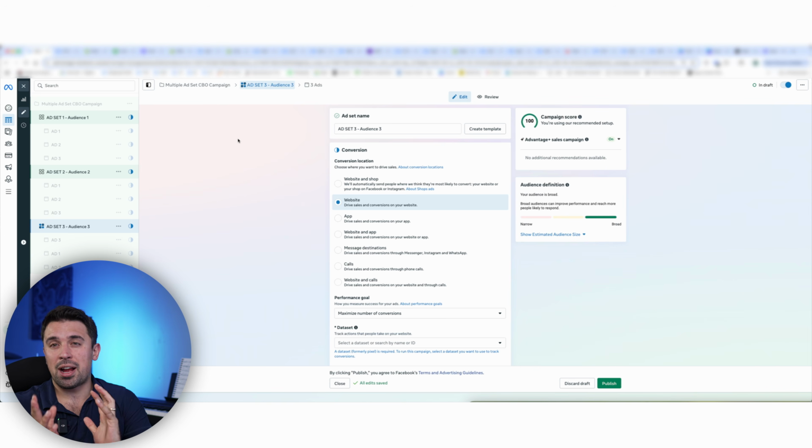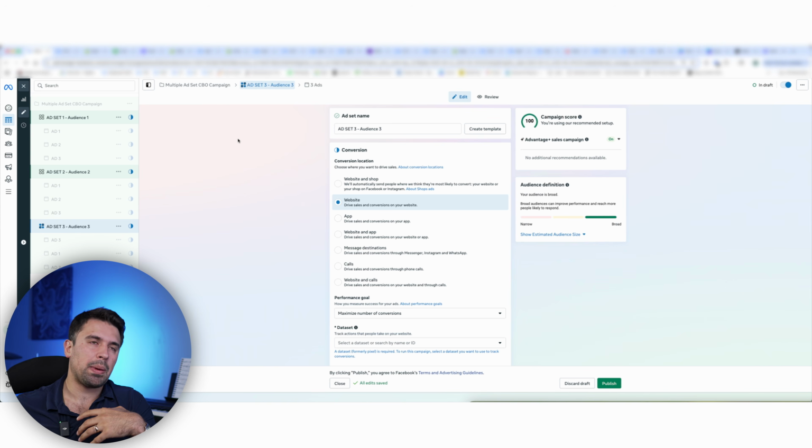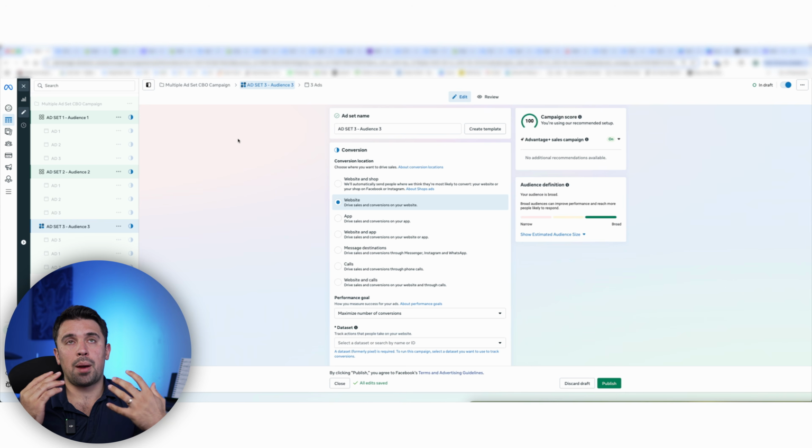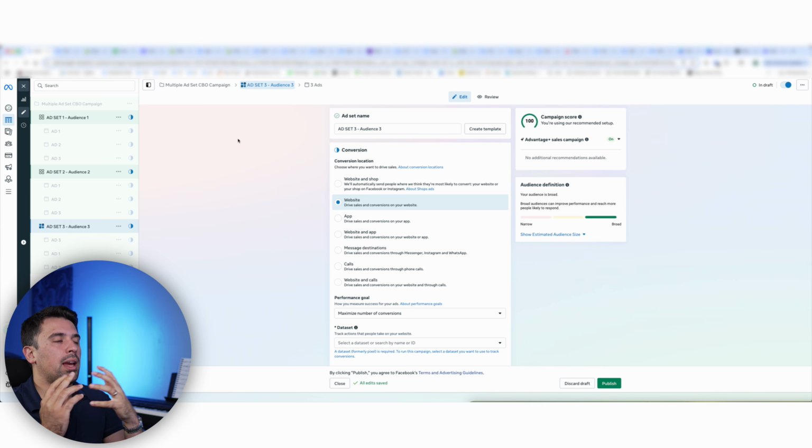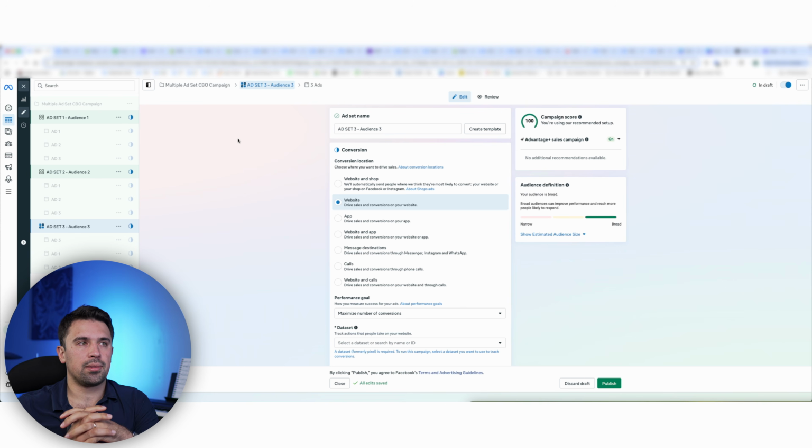So it's kind of a fragile setup in a way. You have to be careful that Meta's not spending too much on the wrong thing, and if you optimize, you have to be careful with your optimizations and account for how much is being liberated to the other ad sets.